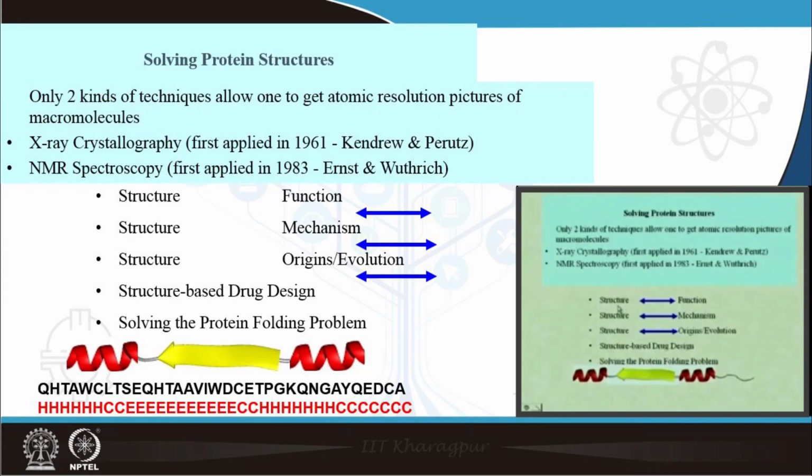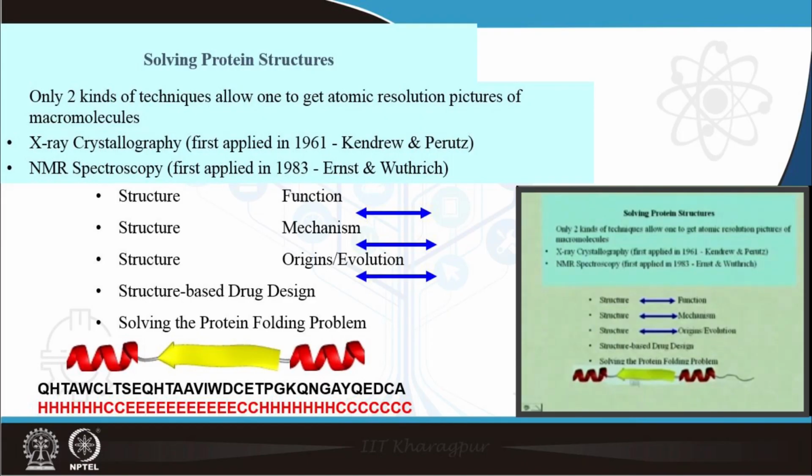The structure is going to help us understand the function, the mechanism, evolution. It is going to help us with structure based drug design, and it is also going to help us solve the protein folding problem, because we will have more structures from which we can identify which amino acid sequence folds into which structure.